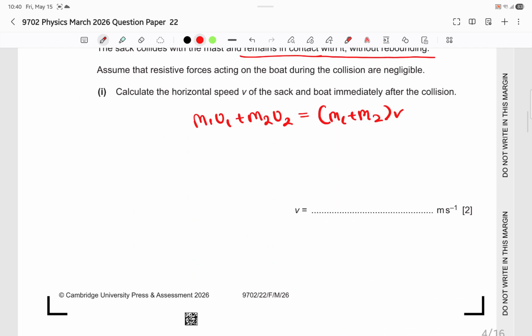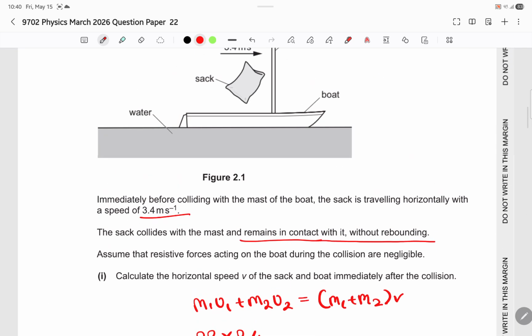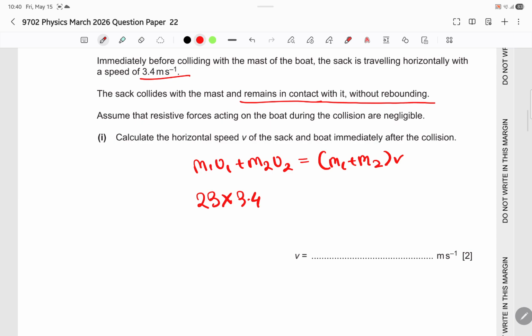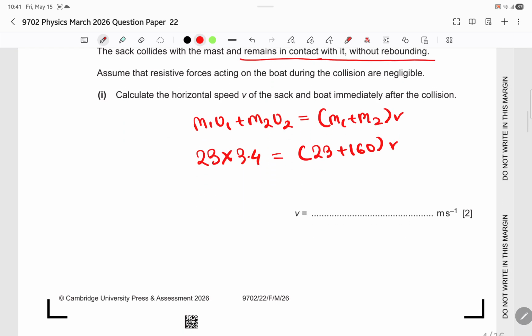Before collision, the sack is traveling with a speed of 3.4, while the boat is stationary, so we don't have to include that. After collision, they're both added up because they're in contact. Hence, the mass will add up, 23 plus 160, and we have to find the velocity at which this travels. Now just solve for v, and just use a calculator.